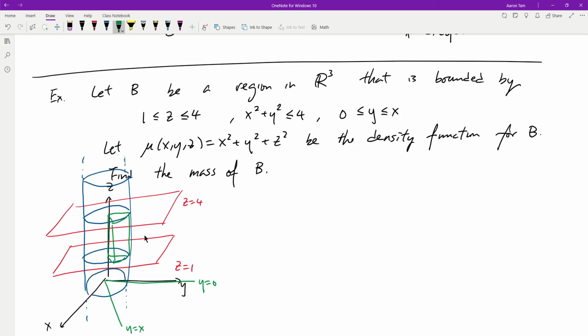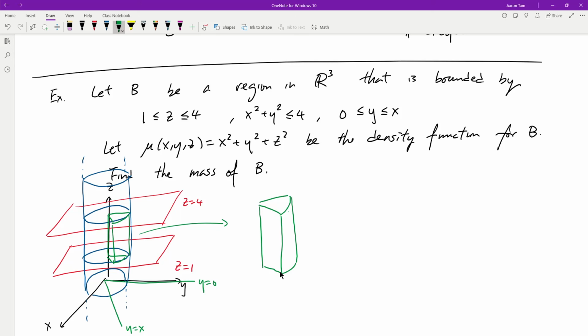Alright, if I pull that picture out, it will form something like this. The best way I can describe it is, it's like a slice of a cake.